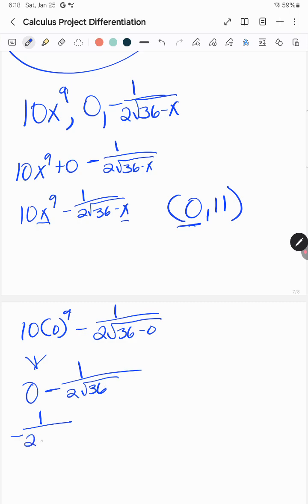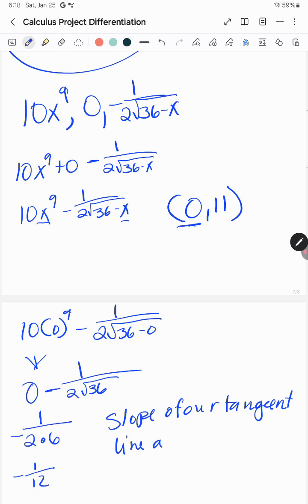The square root of 36 is going to be 6. So our final answer is going to be negative 1/12. So the slope of our tangent line at the given point is negative 1/12.